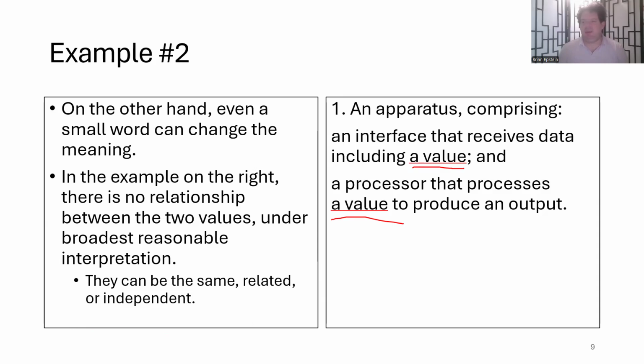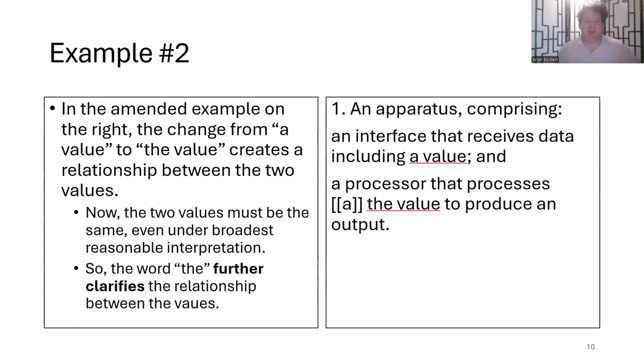Can they be the same? Yes, of course they can be the same. However, they can also be related somehow. One can be the basis for computing the other. They can be completely independent, right? Maybe the proper amendment is a first value and a second value. I don't know. It's not clear based on this claim.